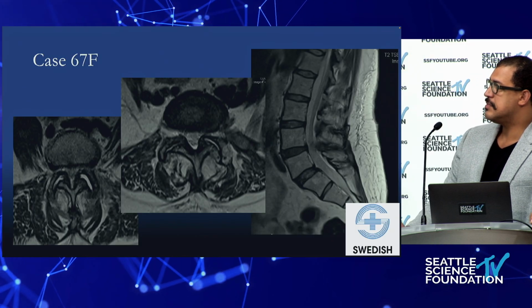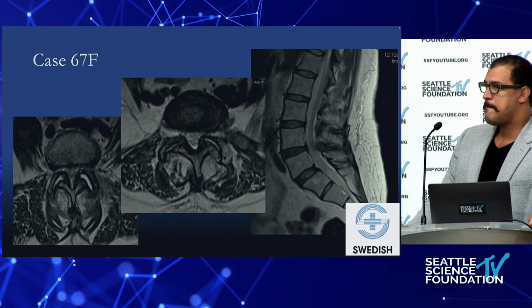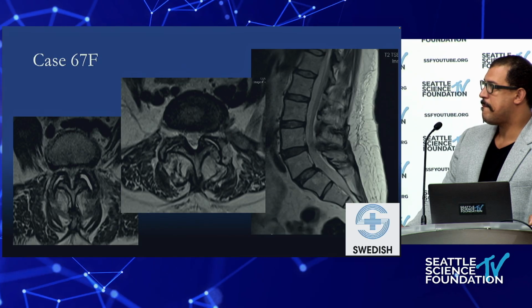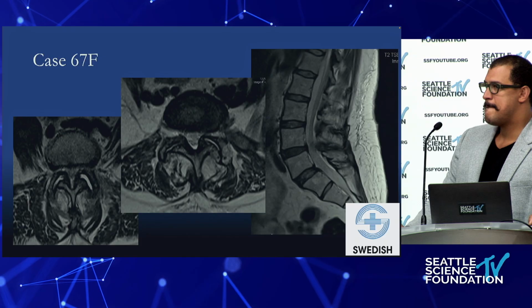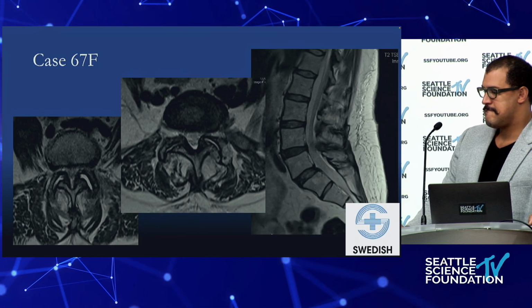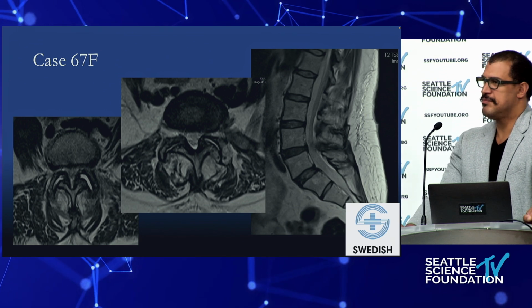So it's like she has already proven that she is susceptible to adjacent segment disease from a fusion. Unfortunately, I feel like the best outcome is going to be a fusion in this patient, because she's basically got a fusion and she needs to treat the adjacent segment disease in addition to the L5-S1.